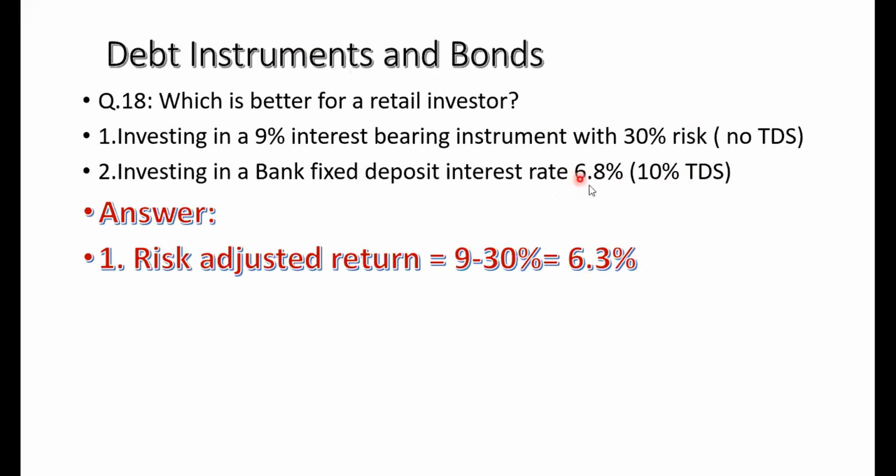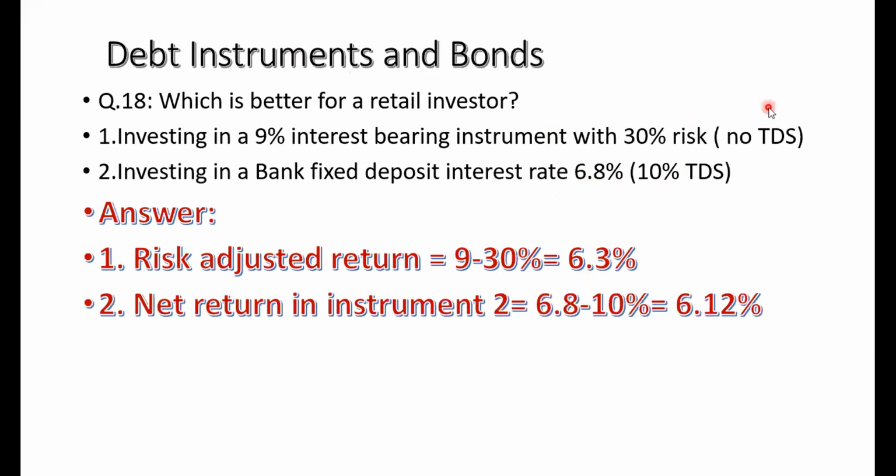The second one, 6.8 you are getting, but tax they will cut, here no TDS. So 6.8 minus 0.68 becomes 6.12. Now where is he getting a better return? Again the first instrument, that's all. Within half a minute you can decide, 1 mark. Simple question that they will give you.